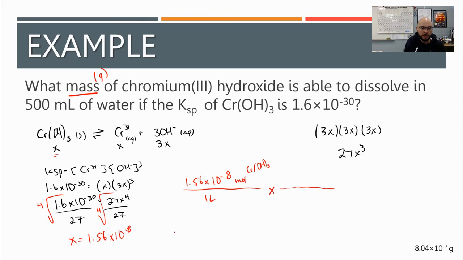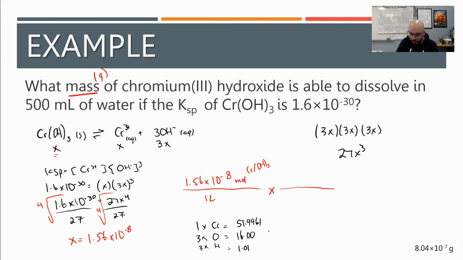Chromium 3 hydroxide is made up of 1 times chromium, 3 times oxygen, and 3 times hydrogen. Chromium has a molar mass of 51.9961. Oxygen is 16.00. Hydrogen is 1.01.